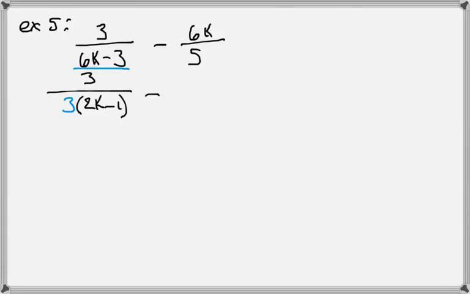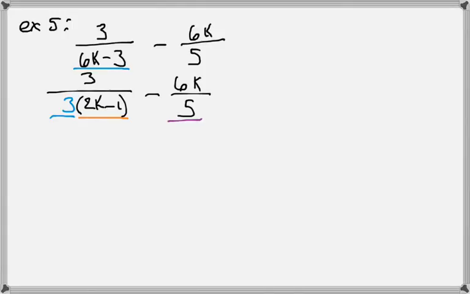And I still have my second fraction that I haven't worked with yet. So now when I look for a common denominator, this guy has a 3, and it has a 2k minus 1. And then the other fraction, I have a 5.